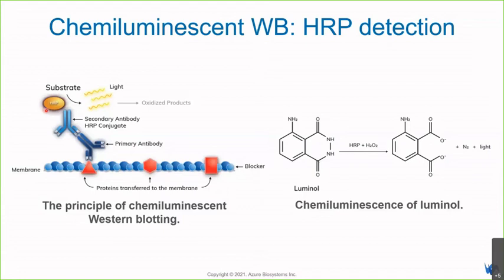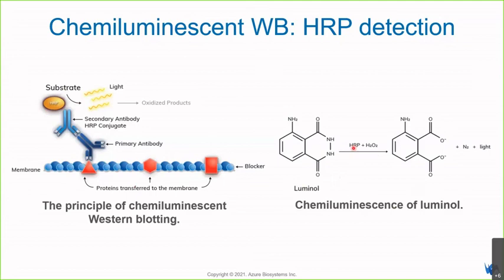Once bound to the membrane via the primary antibody recognizing the epitopes of the protein transferred on the membrane, we incubate the blot with ECL substrate, which normally contains luminol.